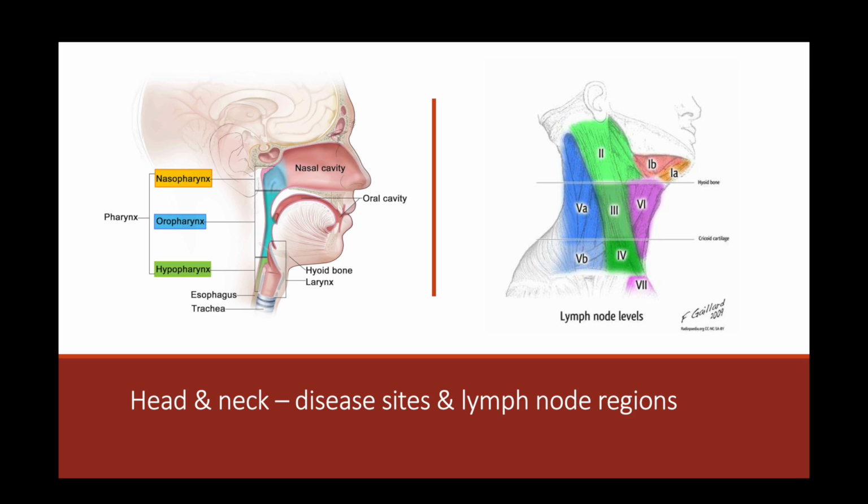So again, the stuff that I talked about in this particular lecture and the recommendations for elective nodal coverage, they may not 100% apply to every single case that you encounter, but hopefully this gives you a general overview of some basic principles that we can apply kind of broadly to our head and neck cancer patients.